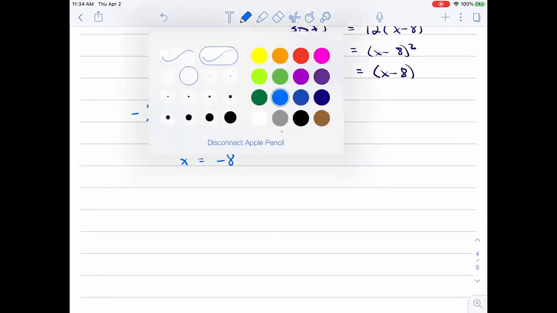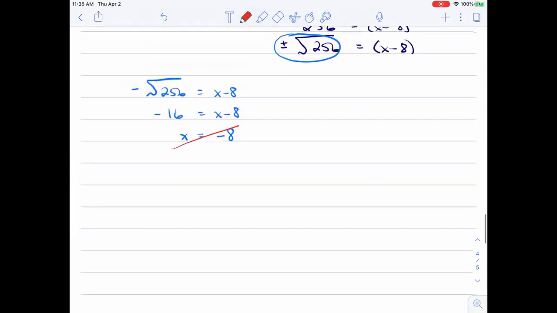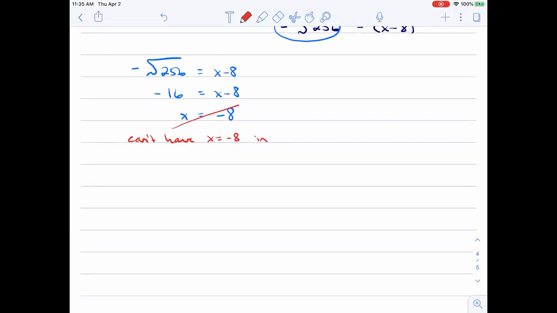That can't be. We can't have x equal to negative 8 in this situation.